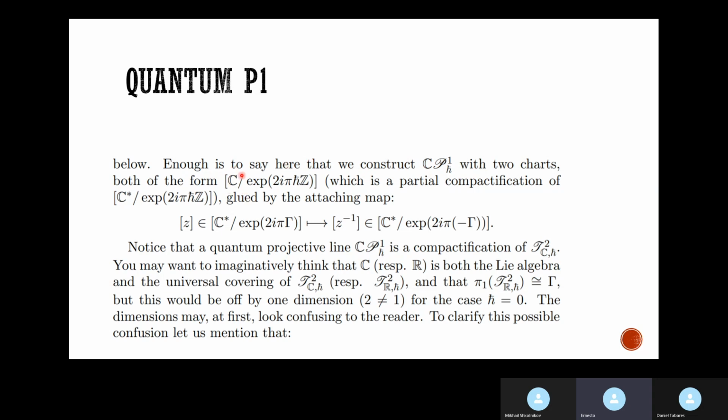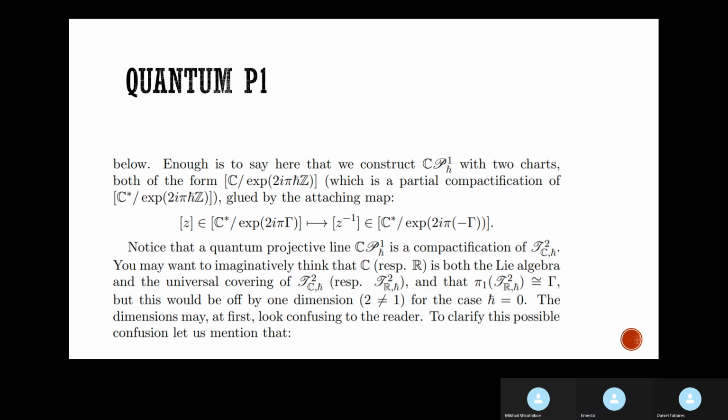Traditionally, the charts of an orbifold are manifolds acted on by a finite group, but now it's a complex manifold acted on by an infinite discrete group. Say the northern hemisphere of this object. So what does this object look like? Well, let me just try to picture it fancifully, without a lot of precision.